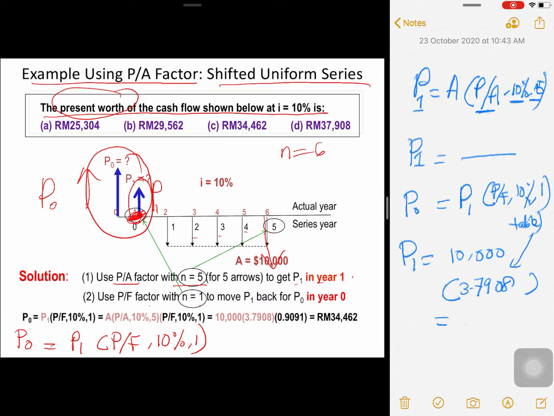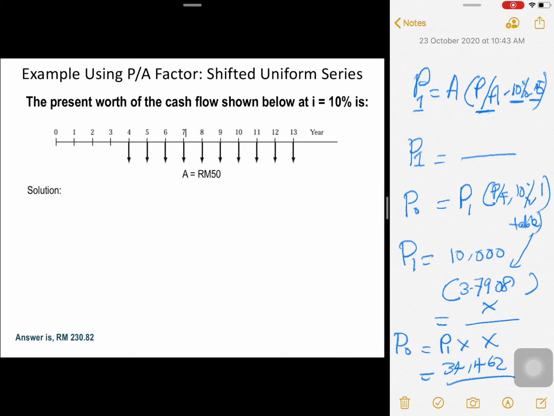Then to get P0 equals to P1 times X, and you got the answer of 34,462 ringgit. Okay, this is easy, isn't it? Right, good.